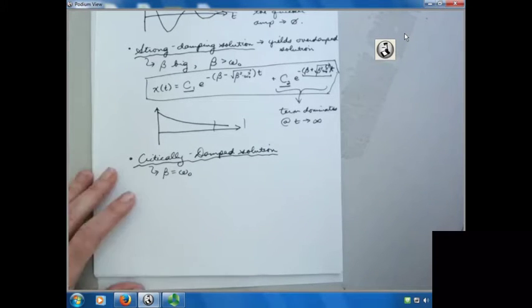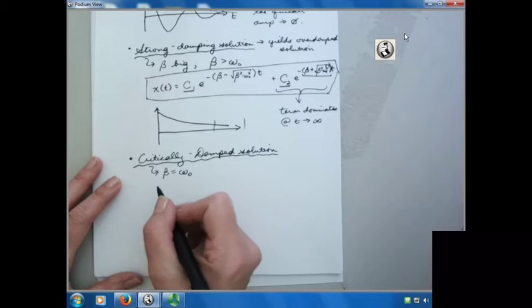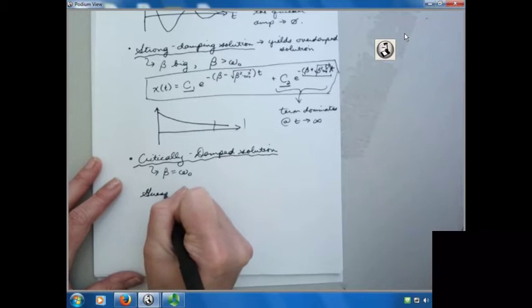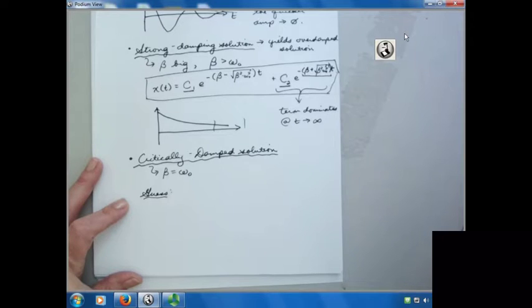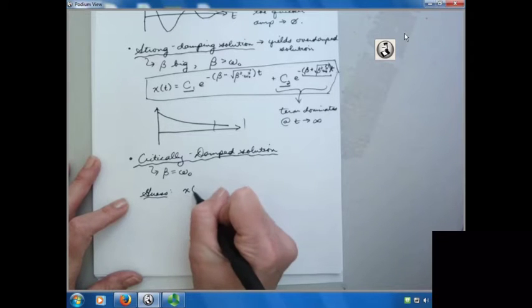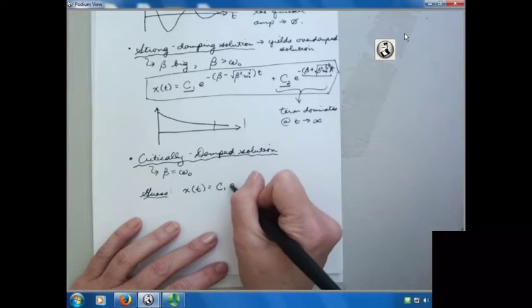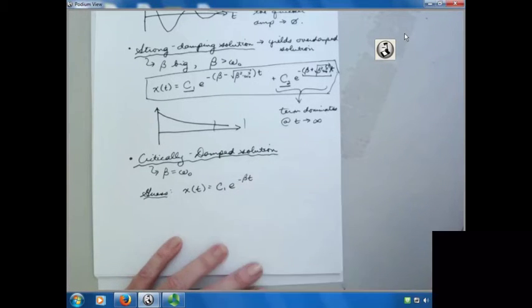What we might guess is that from our auxiliary equation, we only get one possible value for R, so we'll only have one term in our solution, and that term will be a constant times e to the negative beta times time.